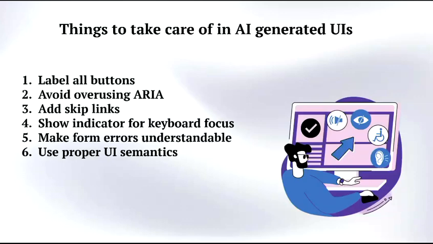Third is add skip links. Have you seen that websites play some ad kind of thing and then it just says click here to go to the main content? You might have seen it, but do you see that on every other website? Not really. So this again helps people using assistive tech in a very good way, because if you have that button to skip to main content, it saves a lot of time.